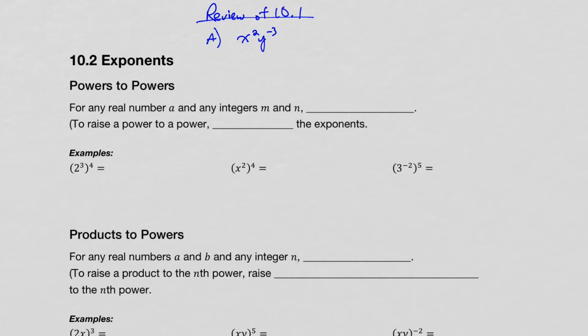So even though this looks like there's nothing you can do, what we need to do about this expression is deal with that negative sign right there. What that does is you flip that base, whichever one has that. So x squared stays on top and y to the third goes to the bottom. We move it because it has a negative exponent, and after you move it to the proper place, it changes to positive.